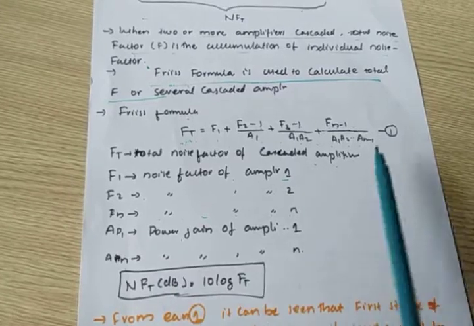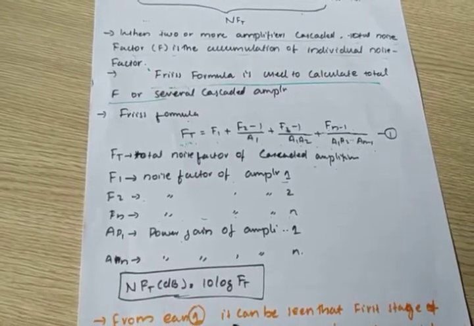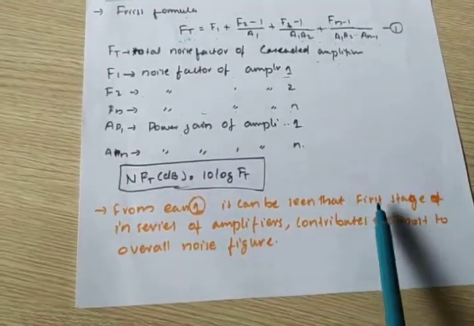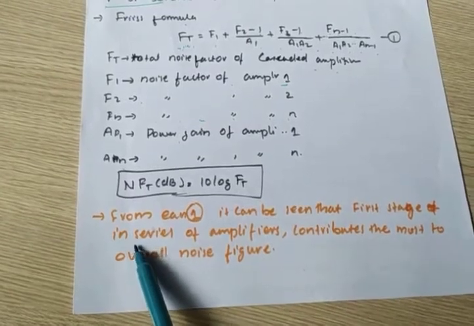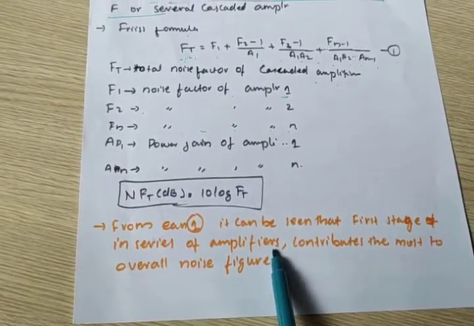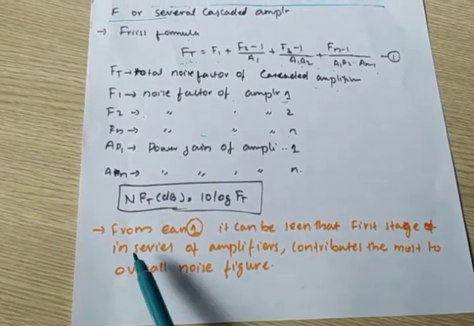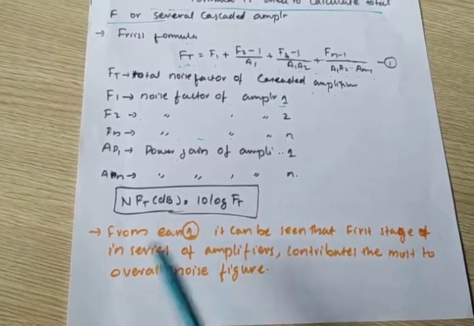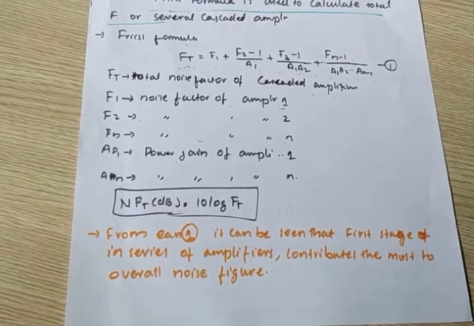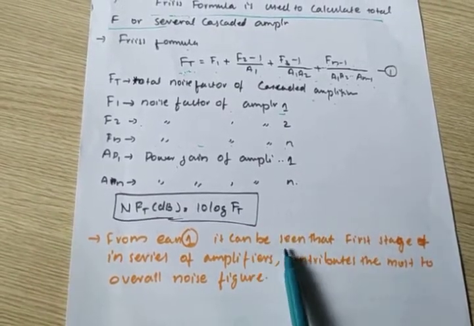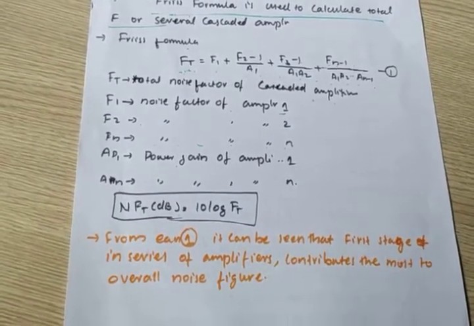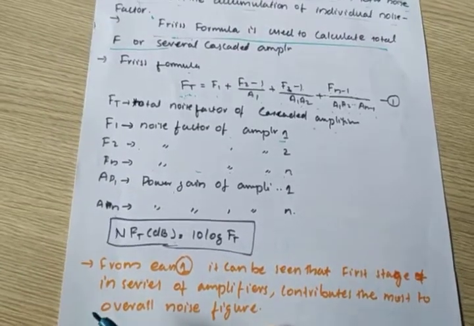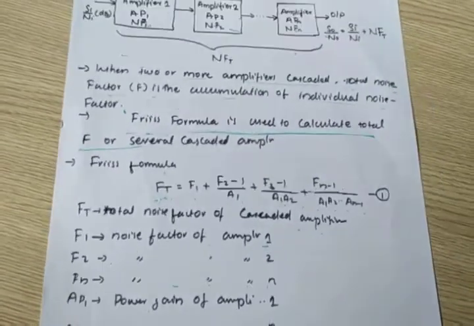Look at equation 1. From equation 1 it can be seen that the first stage in a series of amplifiers contributes the most to the overall noise figure.